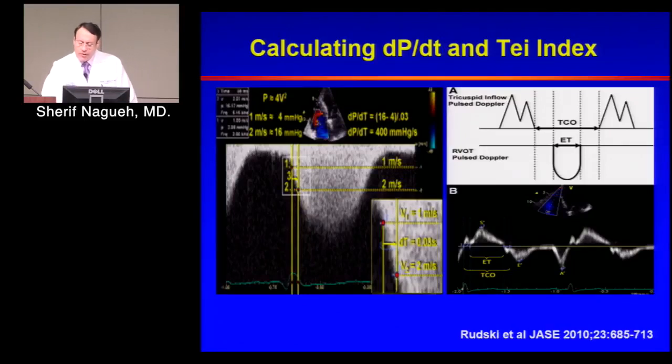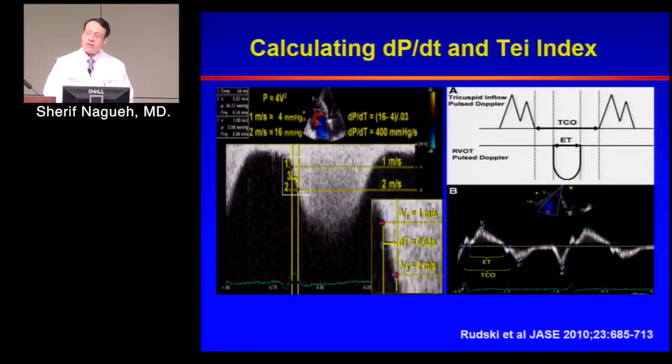So for someone to say this is a measurement of RV systolic performance, it is not a pure measurement of RV systolic performance. Why? Because I am measuring time intervals, one during early diastole, the isovolumic relaxation, and also the time interval during the isovolumic contraction time.